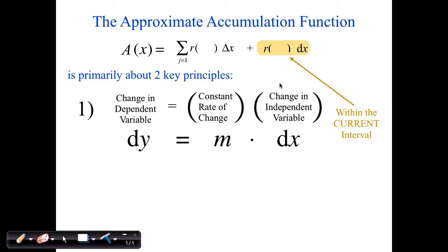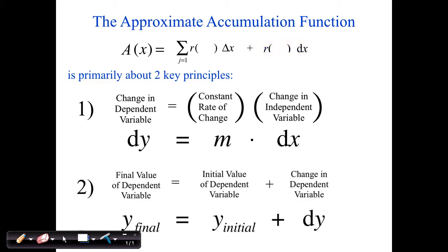So the other part of your constant rate of change ideas, in addition to dy is m dx, was that y final is y initial plus dy, or plus m dx if you want. So that's in there also. Now, it's not like circle one thing, but notice we have a sum. We're adding together a whole bunch of things here.